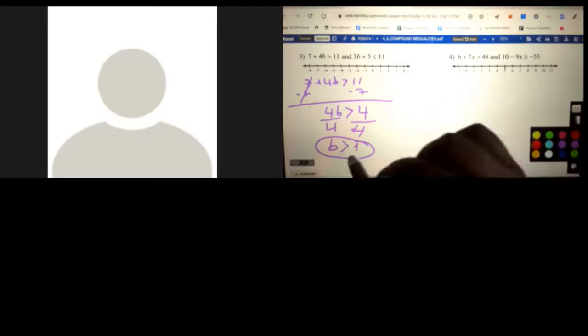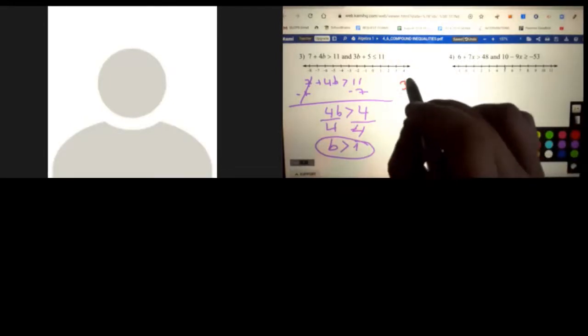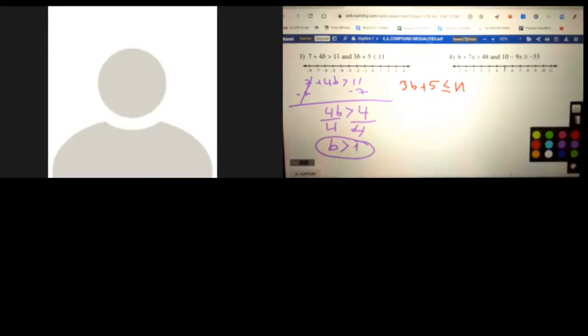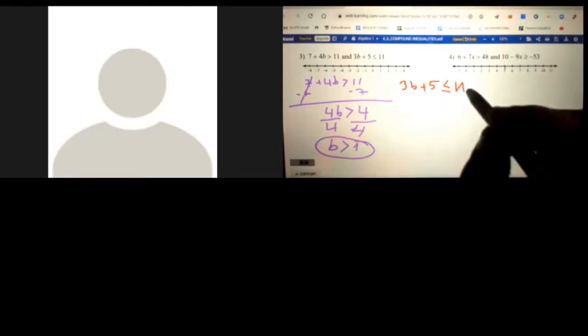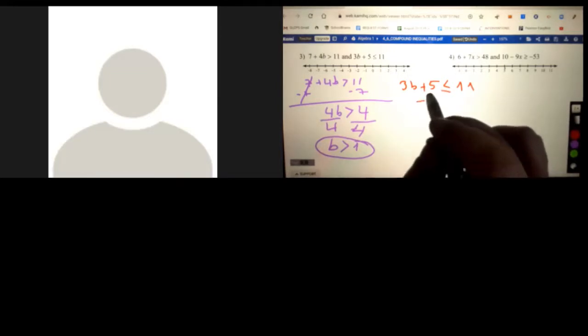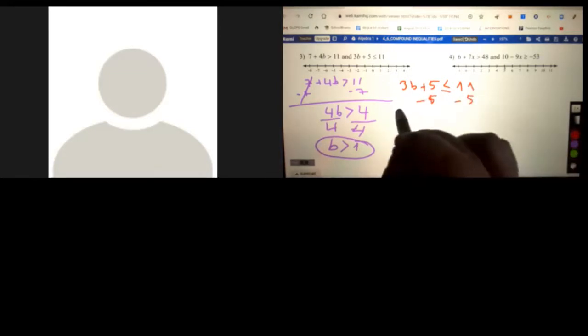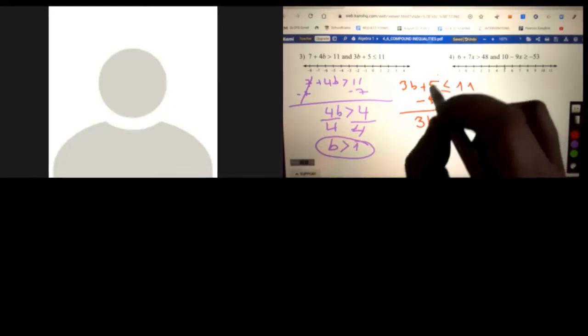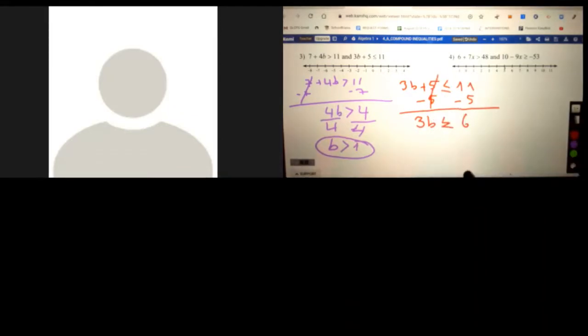Now, the next one is 3b plus 5 less than or equal to 11. Subtract 5 from each side. 3b less than or equal to 6.